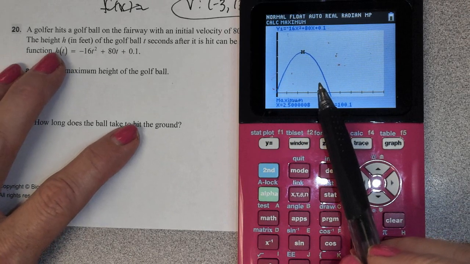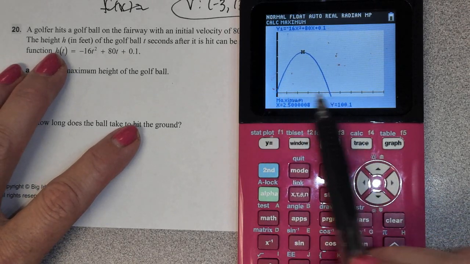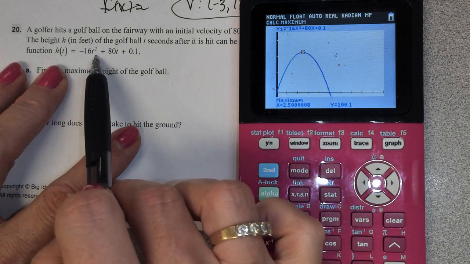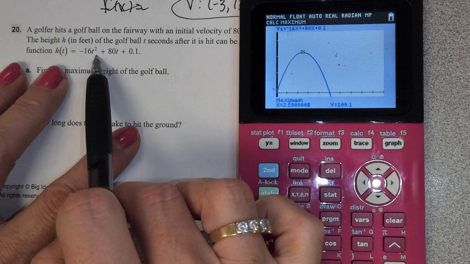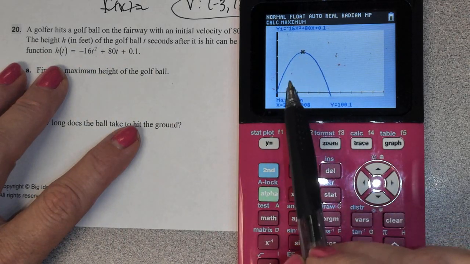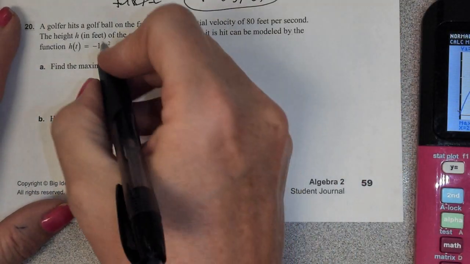See how y is height? What's this axis representing? No, it's not the horizontal distance. It's t, which would be what? Time. So comparing time to height, that's what this is doing. So my maximum height is 100.1 feet.